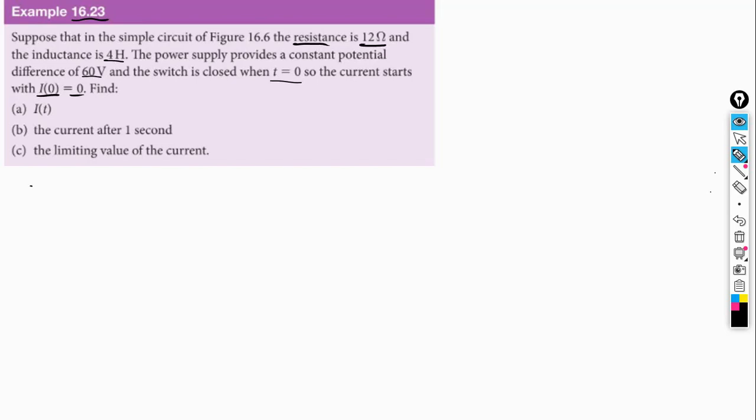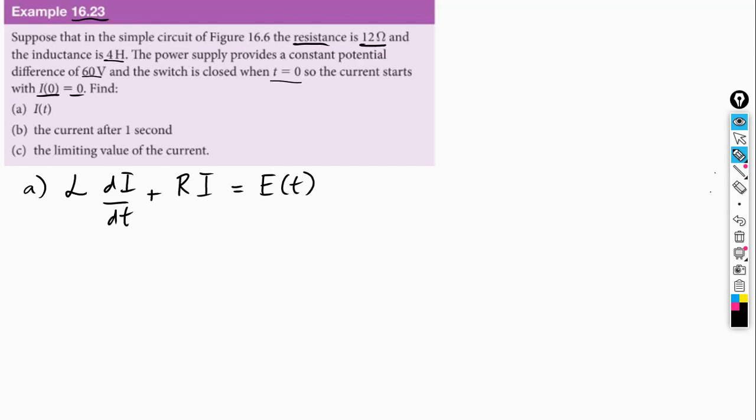All right, so for part A, let's recall from Kirchhoff's law that the inductance L times the rate of change of the current plus the resistance times the current is equal to the potential difference, which is in volts. So now we just have to substitute some of these variables with the information from the problem.